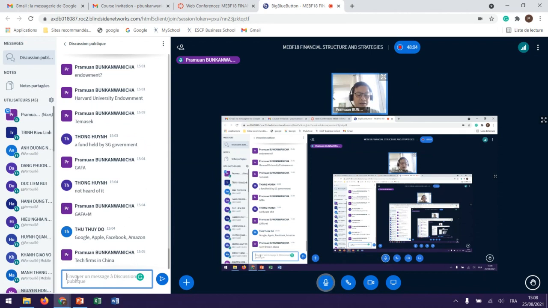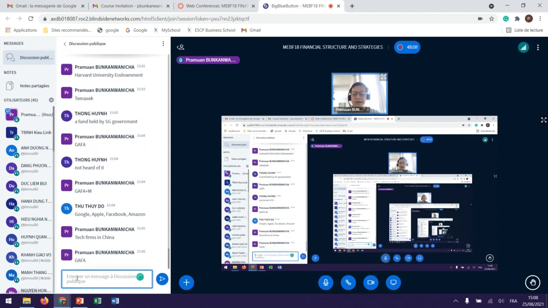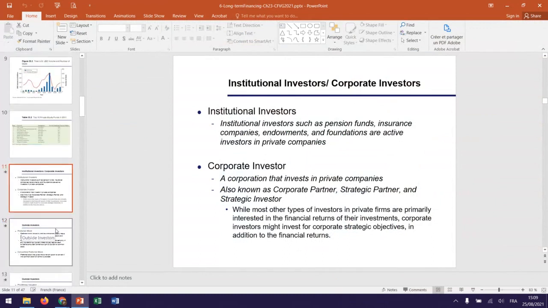If I take the total GAFA market cap, you can see that it's almost, not almost, it's bigger than the whole Southeast Asian economy, if you take only the GDP of those. Okay, so those are very big tech firms, and they are super active. They do acquisitions all the time, to get new innovation and so on and so forth.